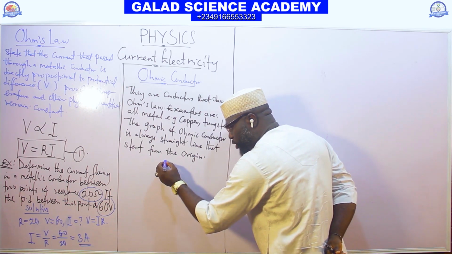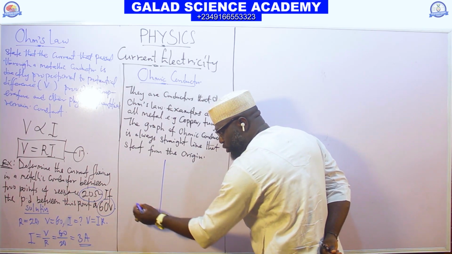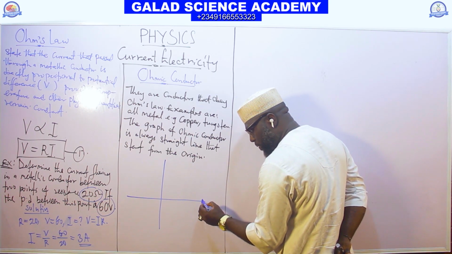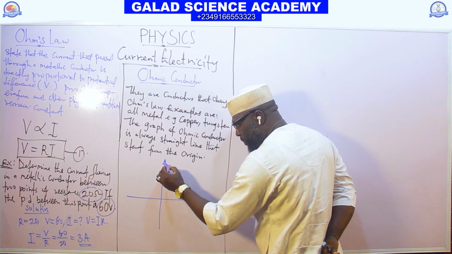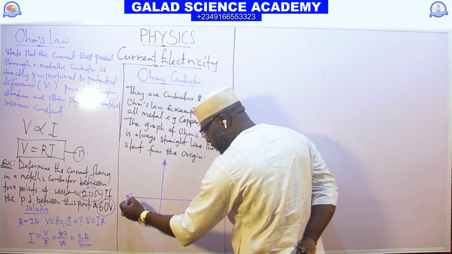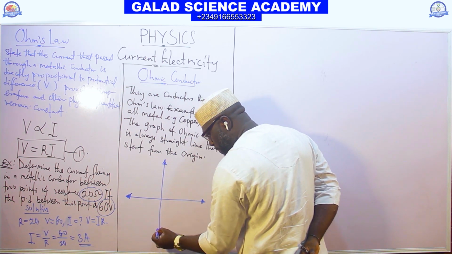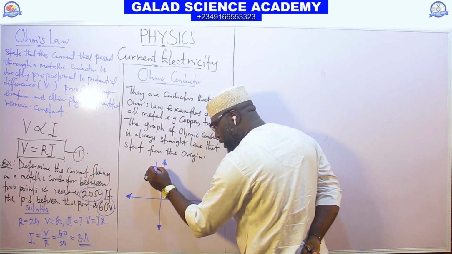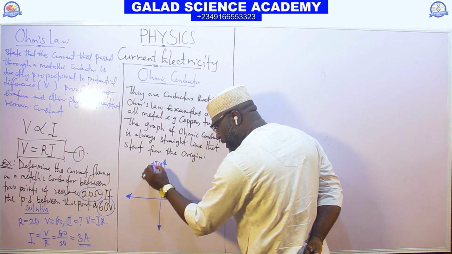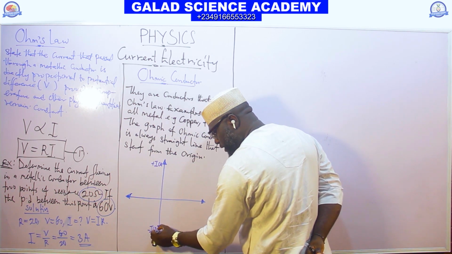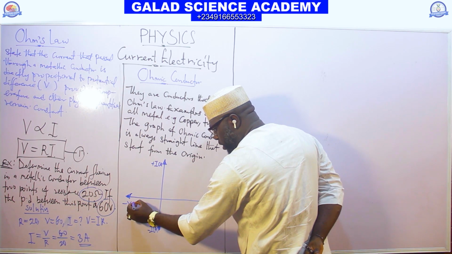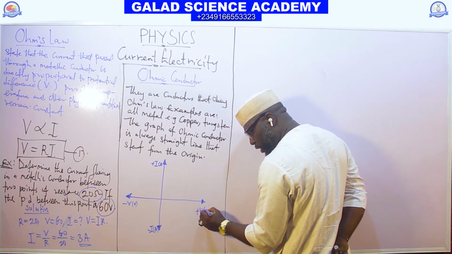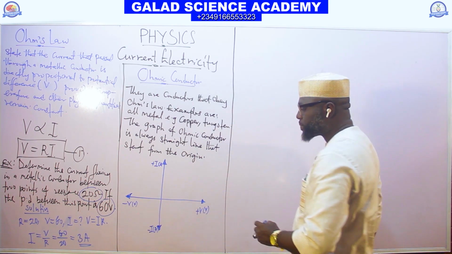The graph is always in this form. This is current in amperes, negative current in amperes.